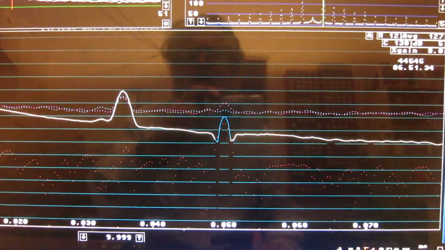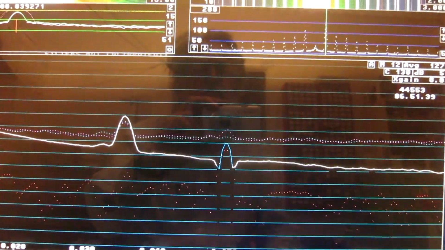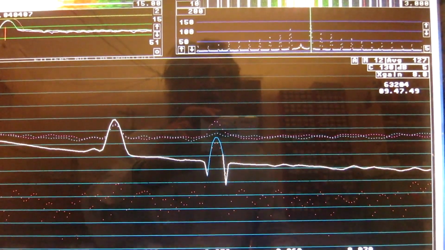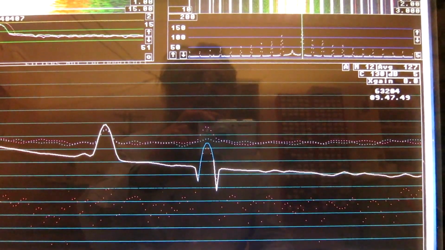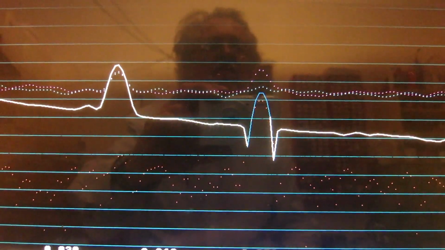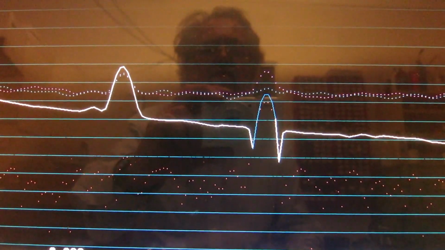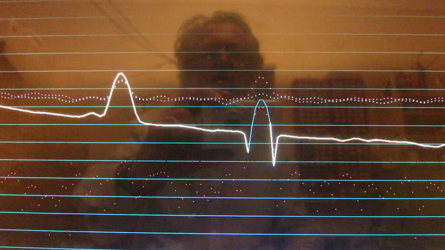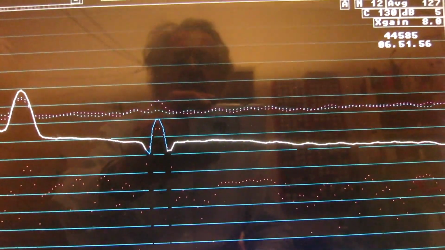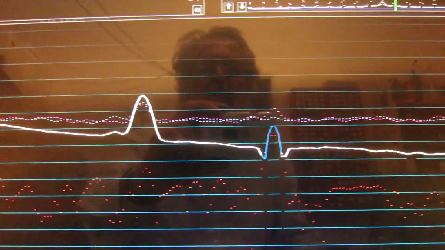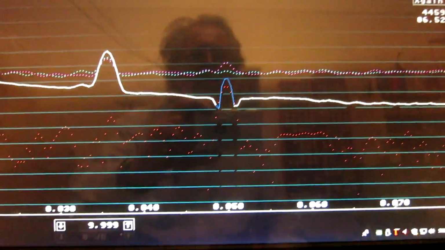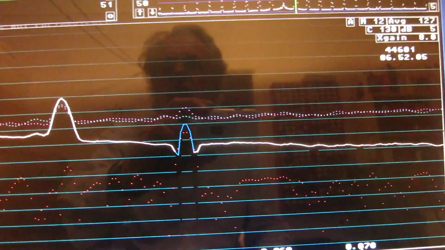Here is 6 hours with 2 diodes for the limiting, and this is 9 hours with 8 diodes. So again, here is 8 diodes, 2 diodes, 8, 2. It seems that I have lost about 1 decibel in the range 50 to 70 Hertz or so.